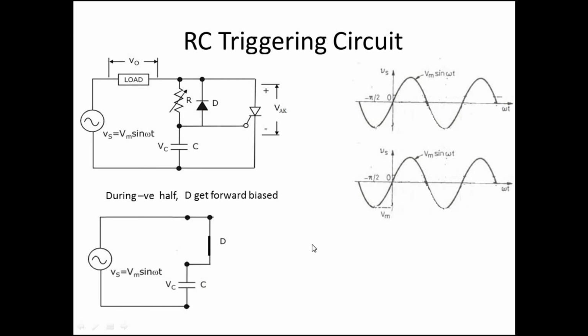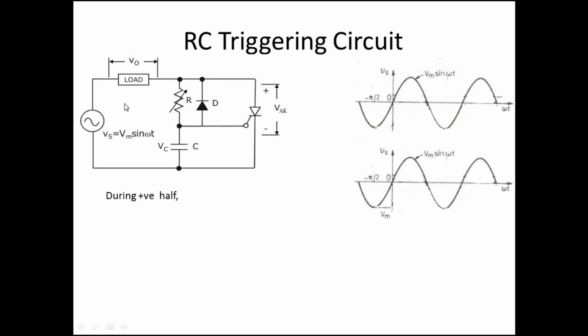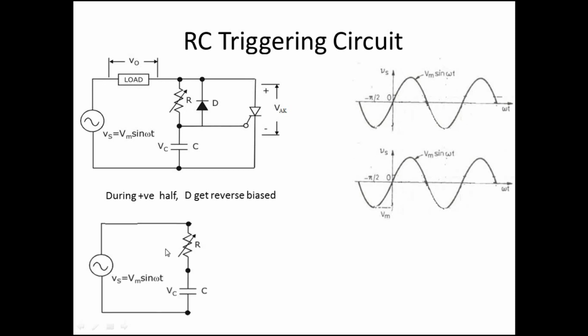During the positive half, here will be positive and here will be negative. So this diode will be reverse biased and will not be conducting, so R will be conducting. It will be equivalent to an RC network.